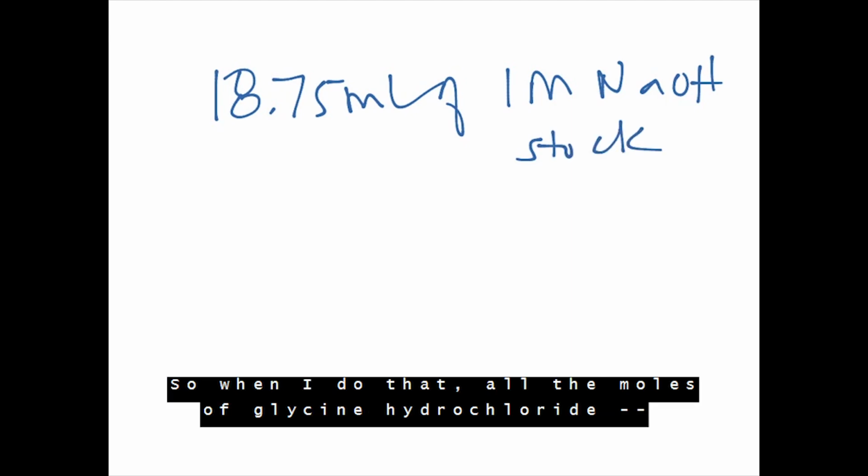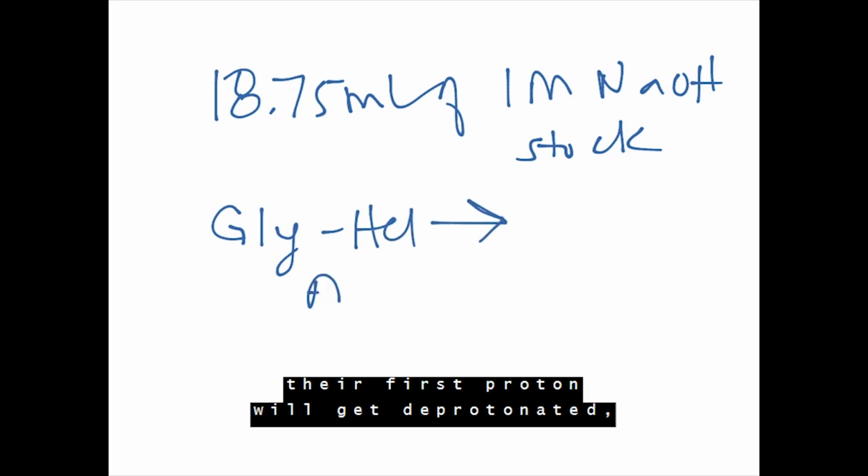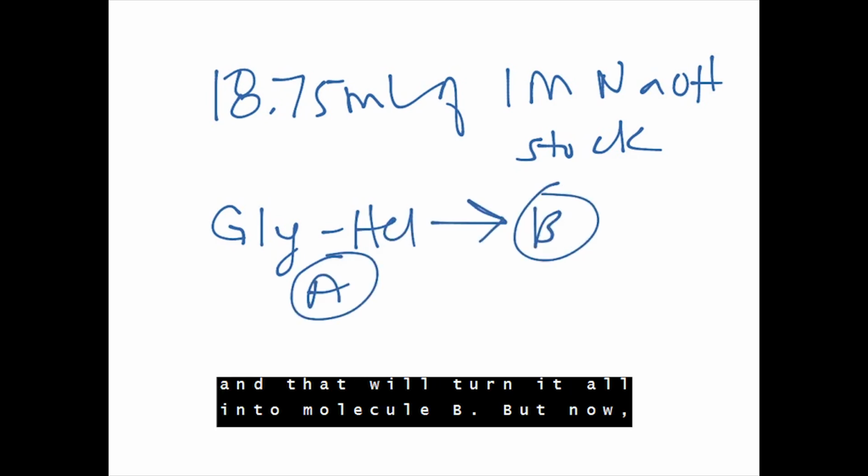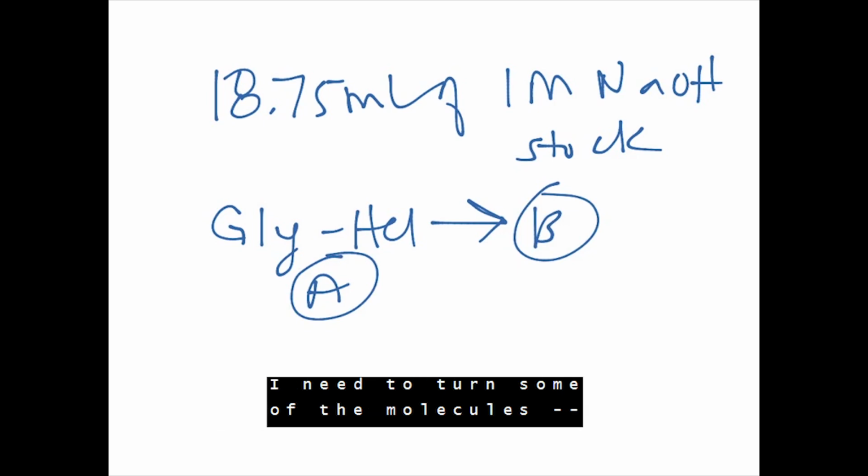When I do that, all the moles of glycine hydrochloride have their first proton deprotonated, and that will turn it all into molecule B. But now I need to turn some of the B molecules into the C molecule so that I have the right ratio of B to C to give me the actual pH that I want.